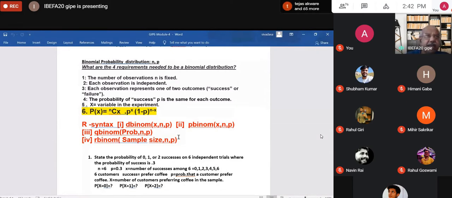If I take a sample of 20 customers visiting the shop, it is n times I am repeating the binomial. Customer will either prefer the brand or will not prefer the said brand.